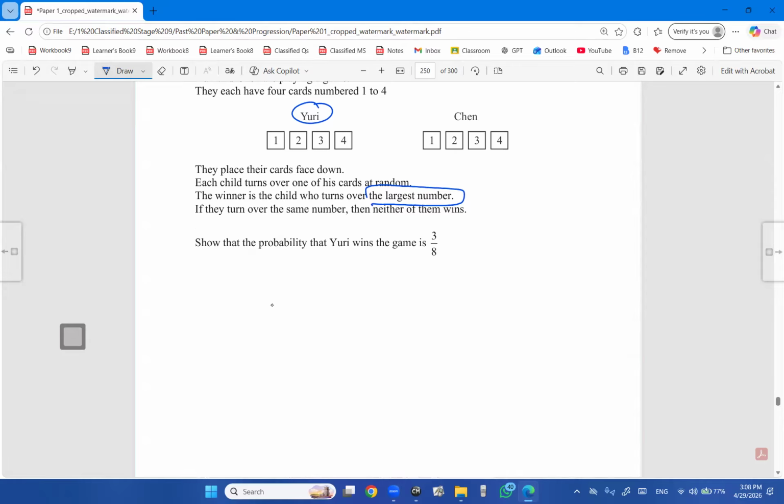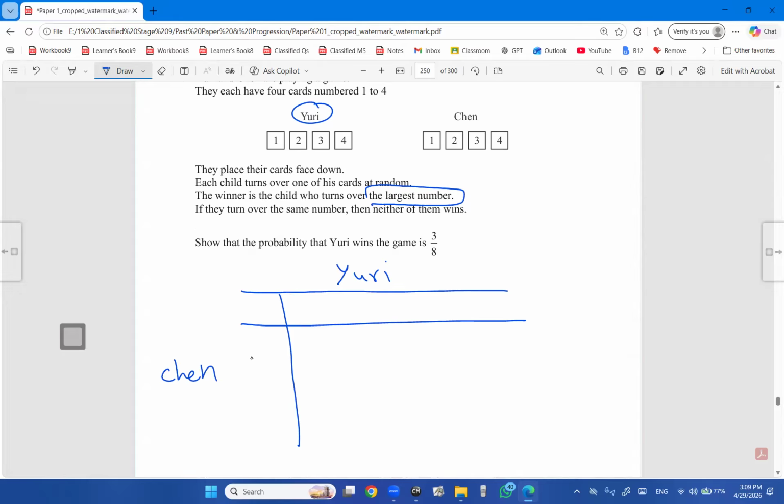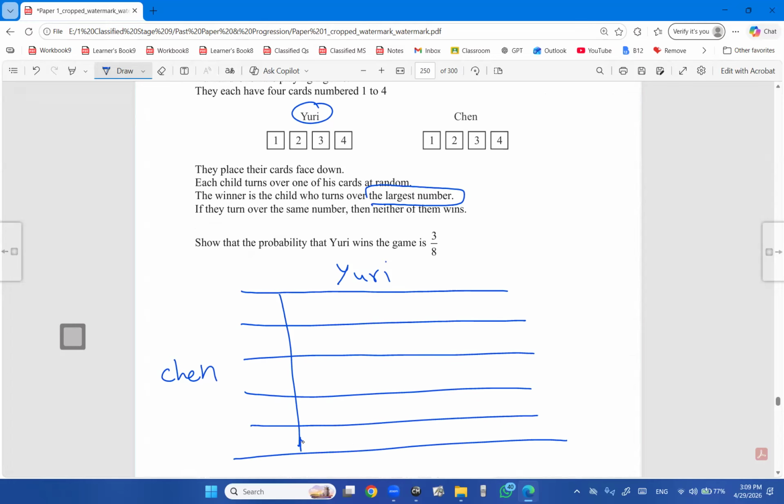So let's do this in a table, thinking about it this way. Let's say that this is Yuri and that this is Chen. Each one of them has these cards: 1, 2, 3, 4, and 1, 2, 3, 4.